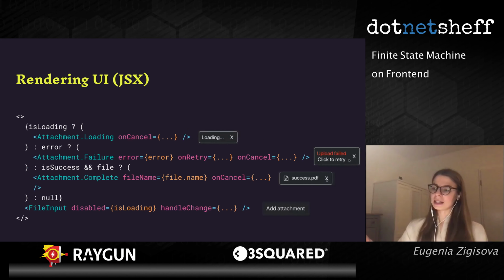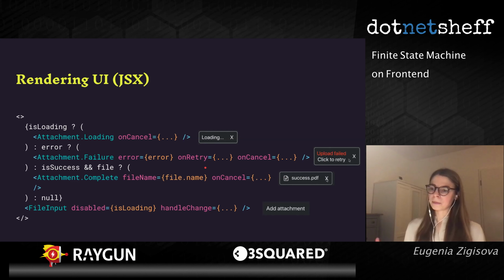Imagine this is the file upload component, which is rendering smaller UI elements like the file input, which is this add attachment button, and also, based on the situation, different blocks which represent the file upload status: loading, failure, and success.